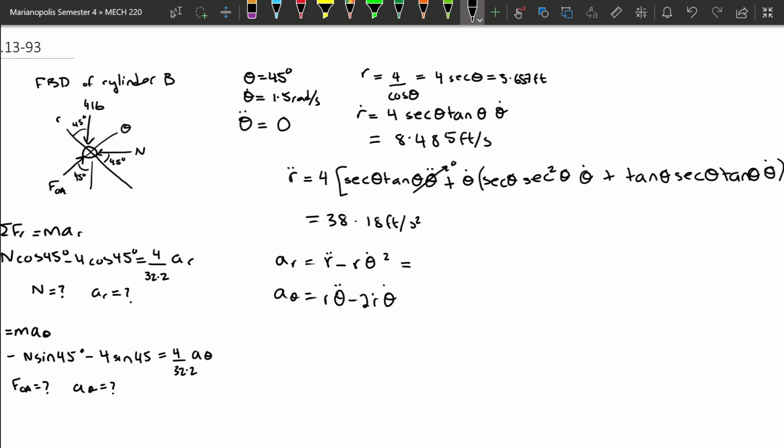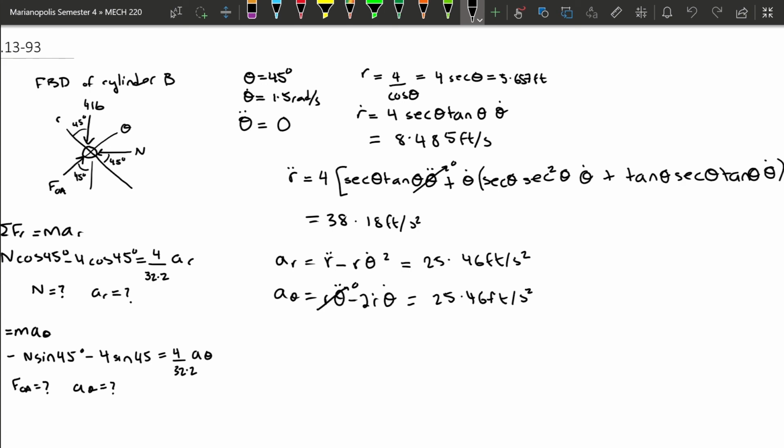So A_r, if we plug in R double dot minus R times theta dot squared, I get 25.46 feet per second squared. And for A theta, the first term goes to 0 because theta double dot is 0, and I get 25.46 feet per second squared as well.